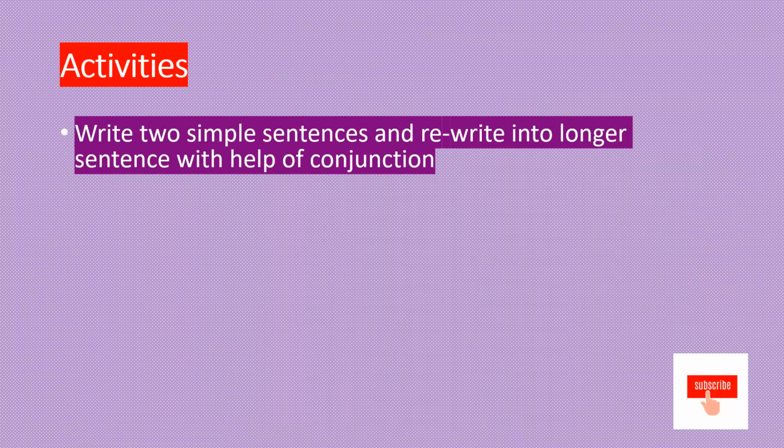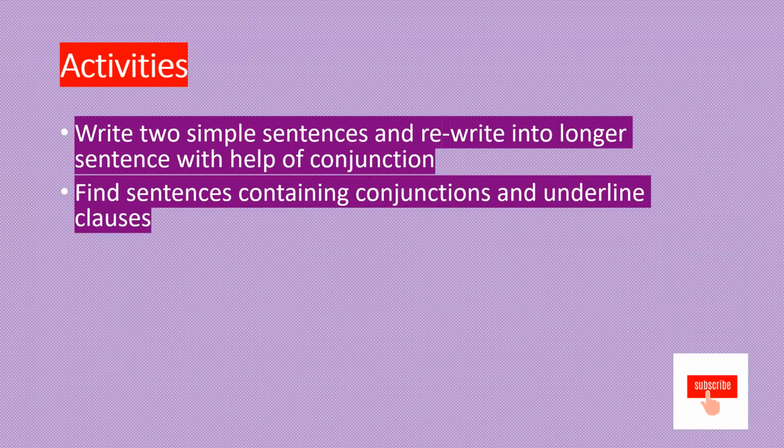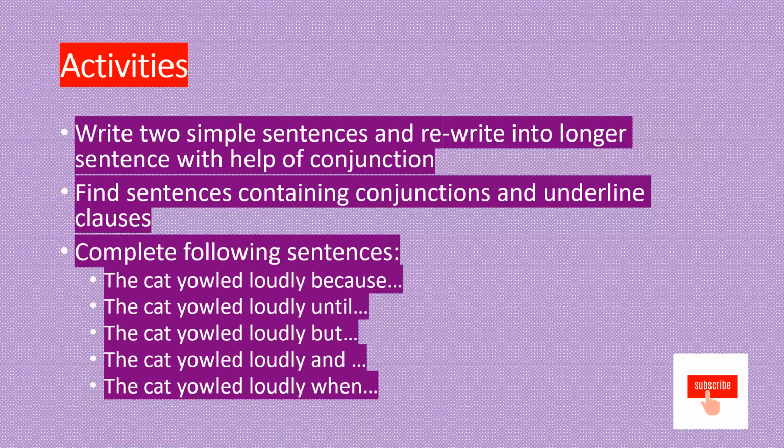Let's take a look at the activities that can help you to practice even more. The first is write two simple sentences and rewrite them into longer sentences with the help of a conjunction. Second, find sentences containing conjunctions and underline the clauses. Third, try and complete different sentences. For example, there's one I've done.